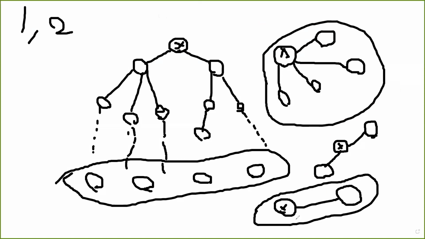Why? Because the player who reaches this state just takes X, right? So we found that if a player wants to win, he must be left with two nodes, right?